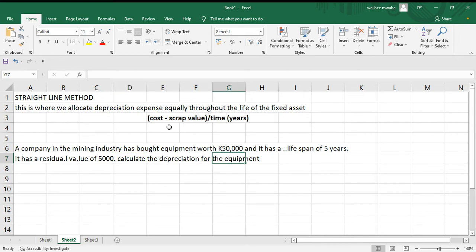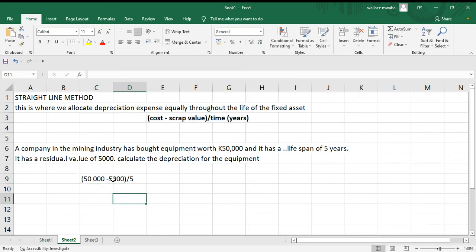So we're going to use this formula. The cost, which is 50,000, minus the scrap value, which is 5,000, and then we divide that by 5.